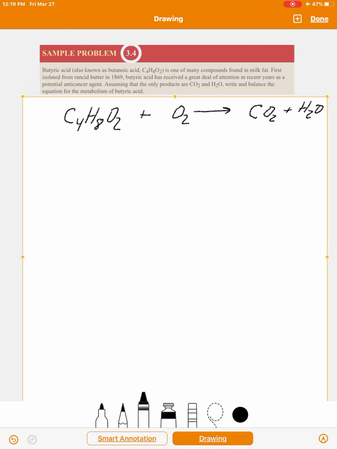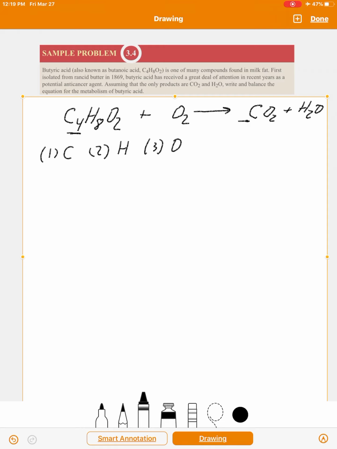The general theme for combustion balancing is do carbon first, then hydrogen, then oxygen. That would be the order that you want to do, okay? It's not the only way to do it, but it's what I would recommend. So let's begin. We have more carbons on the left side than we have on the right side.